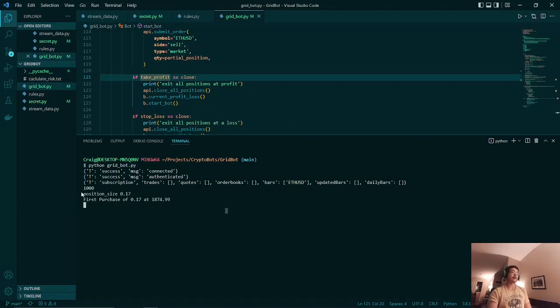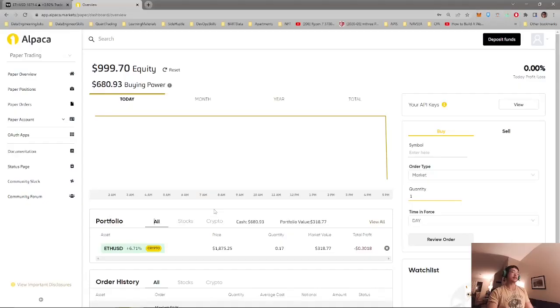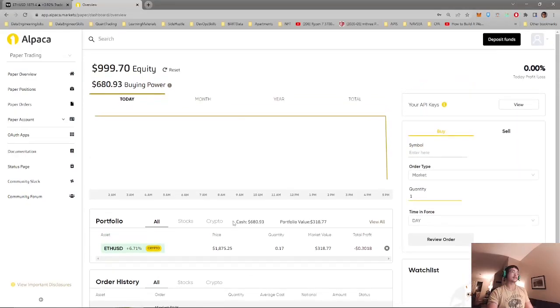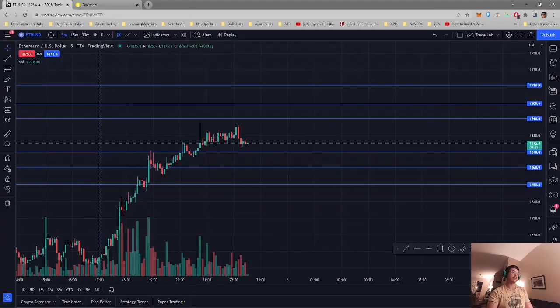So as you can see here, we have our available balance, our buying power, and then we have our calculated position size as well as the first purchase at this price.